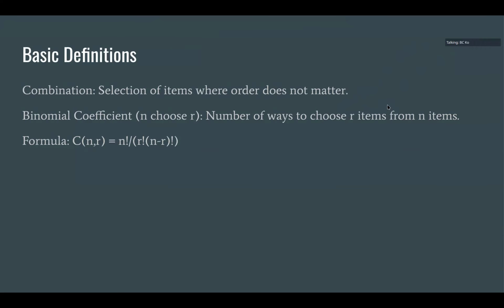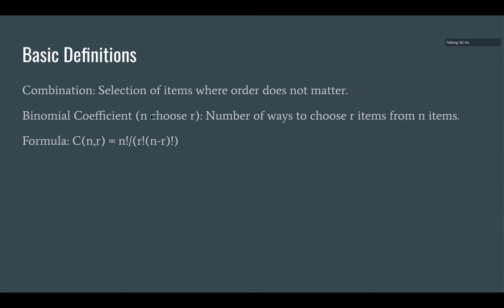Basic definitions. If we start with some basic definitions, a combination is a selection of items from a larger set where the order does not matter.